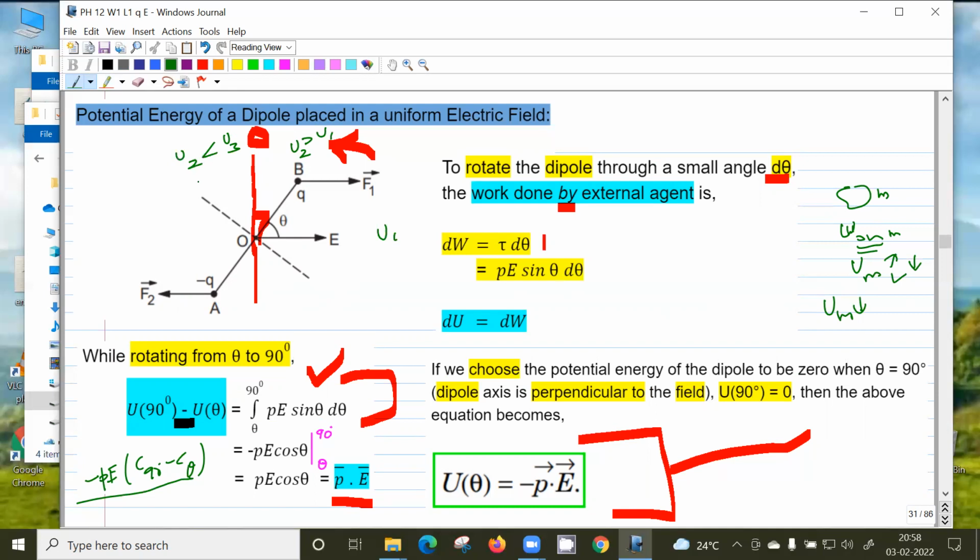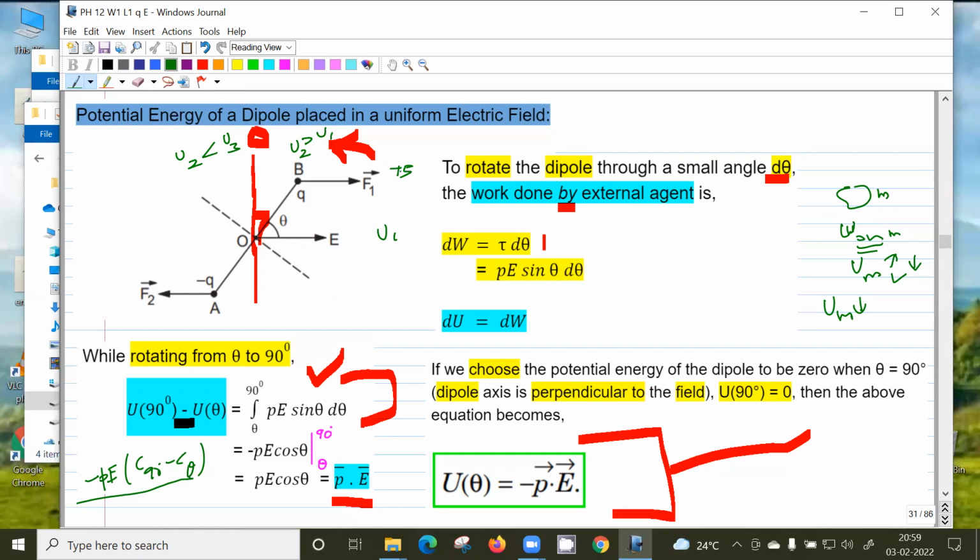So if I don't put this minus sign, here it will be 0, and here it would be some positive value. But here the potential energy should be less than this one.